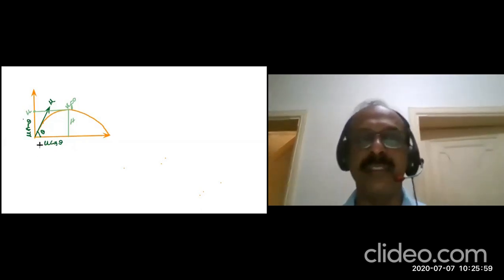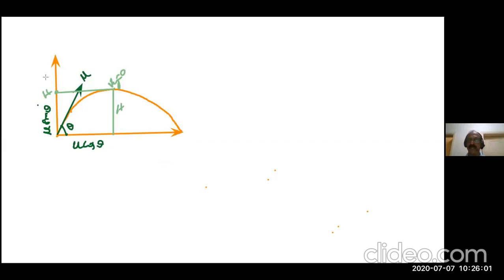Then its vertical component of the velocity is u sine theta.